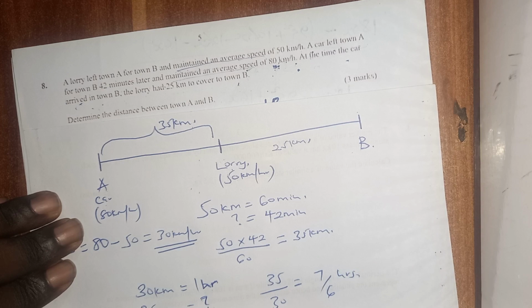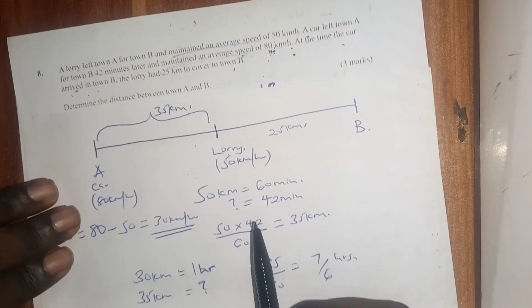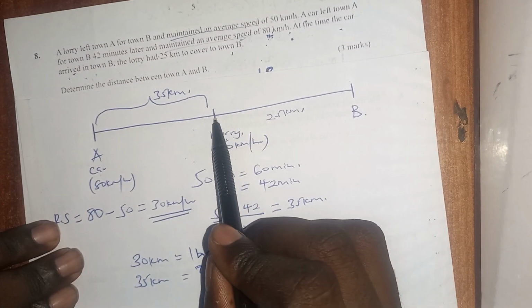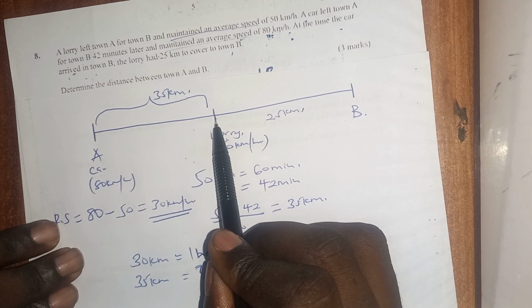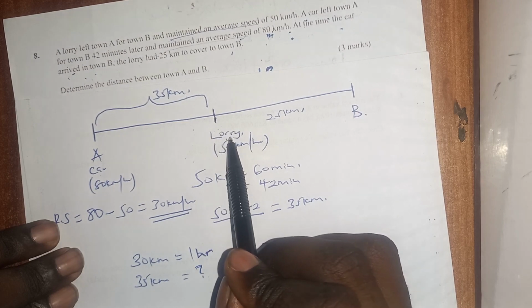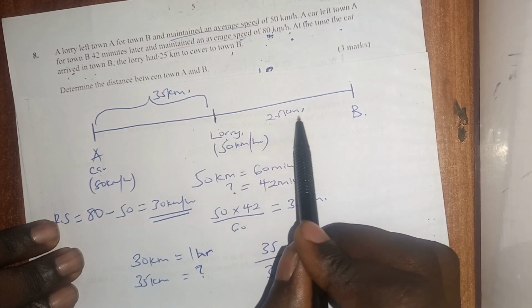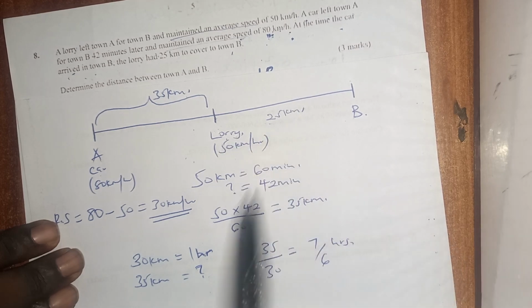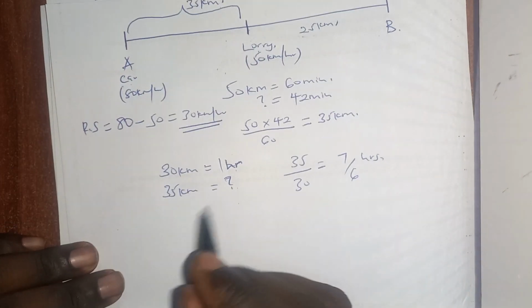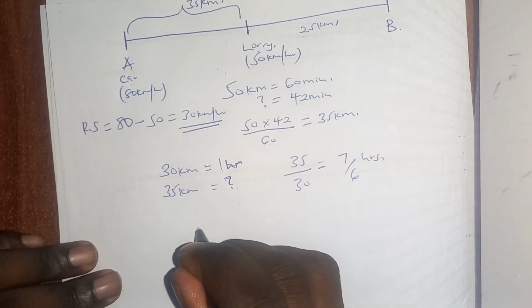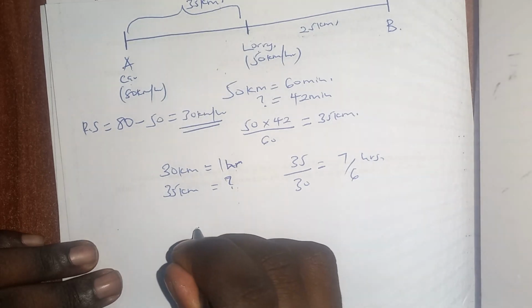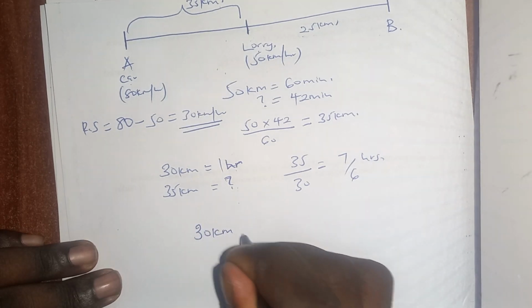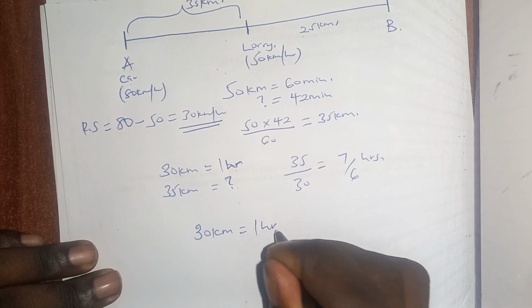So the question is, listen to me, what is the time the car is going to take to gain on the lorry and get a distance of 25 kilometers between it and the lorry? It's still the same logic. The relative speed is 30 kilometers in 1 hour.